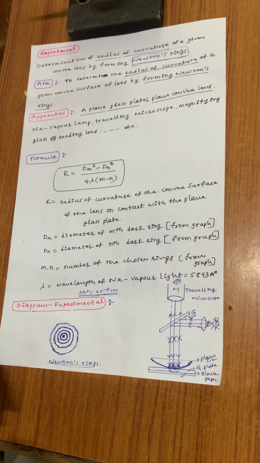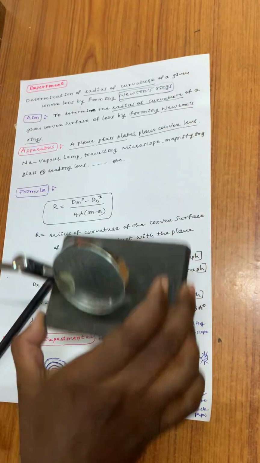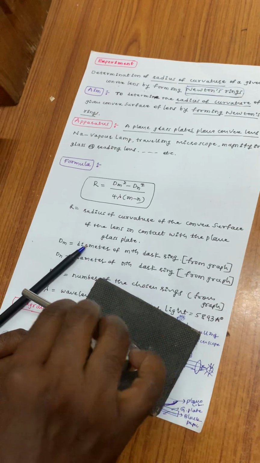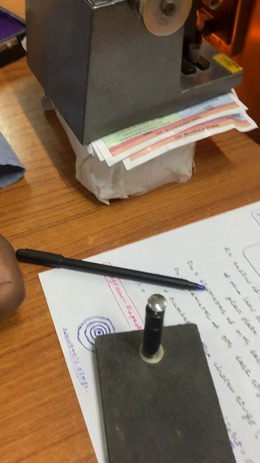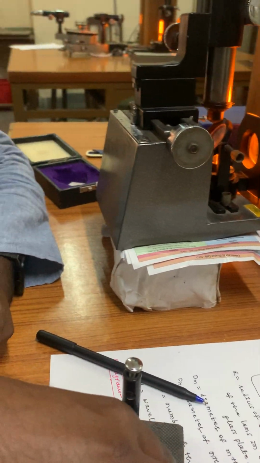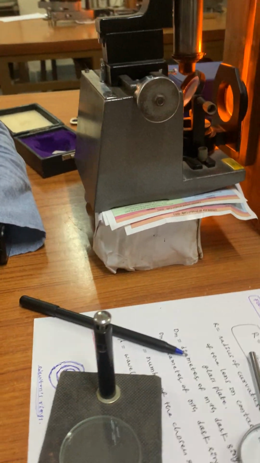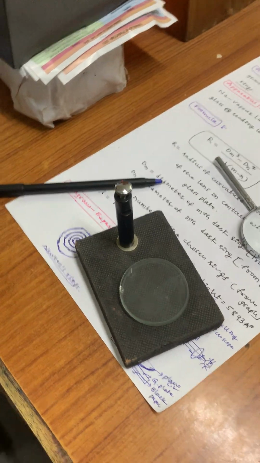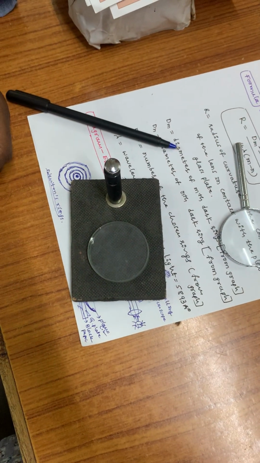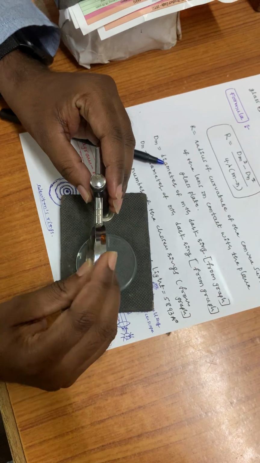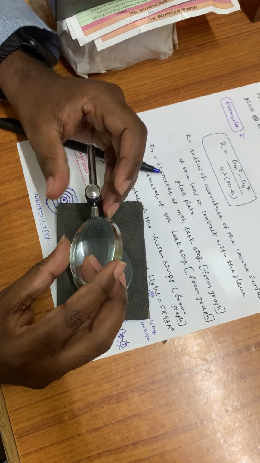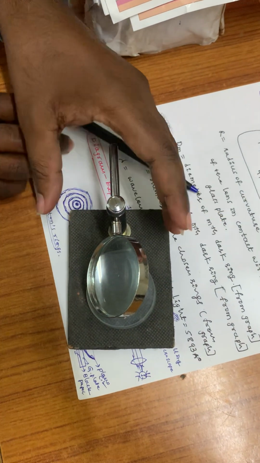How do we get the Newton rings? First you have to see. First you take one black coated stand. In the black coated stand you keep the plain glass plate. On the plain glass plate you keep a plano-convex lens. You have to incident the light at 45 degrees.